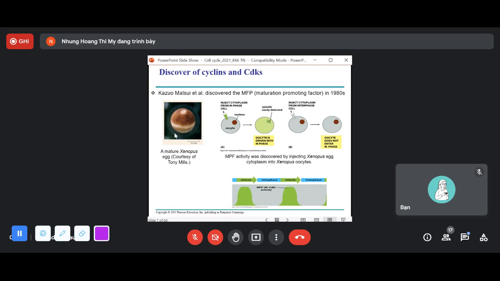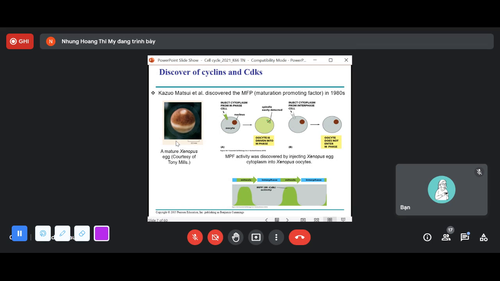And after fertilization, it divides rapidly to partition the egg into many smaller cells. And this rapid cell cycle consists mainly of repeated S and M phases with very short or no G1 or G2 phases between them.